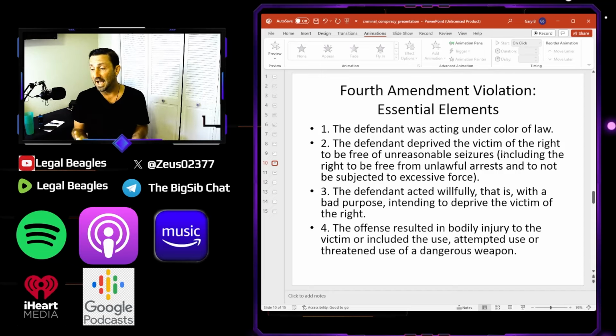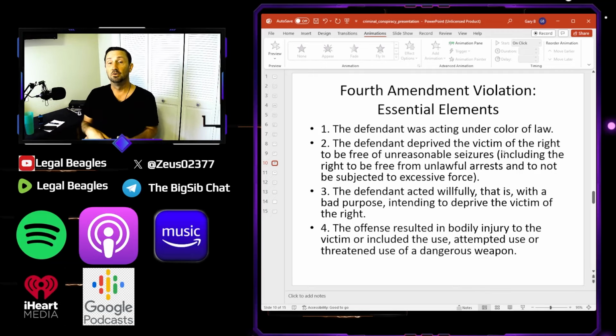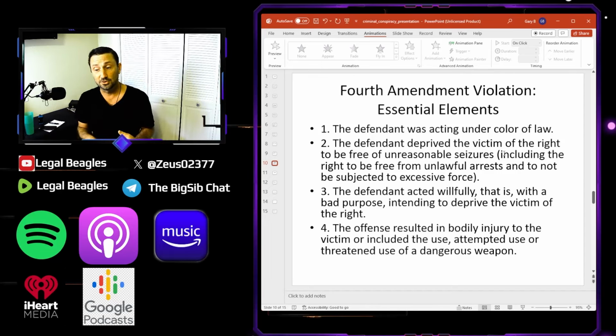Number 3, the defendant acted willfully, that is, with a bad purpose, intending to deprive the victim of the right. So knowingly, especially after you explain your rights to the officer, and he ignores it and continues down the path, or ignores the fact that you need to go see a magistrate before he locks you straight in the jail. If you've requested the magistrate and your state statute says you need to go to the magistrate before jail, the cop is not the jailer.